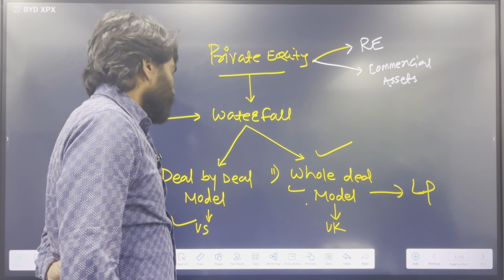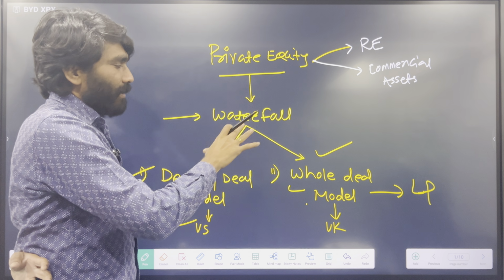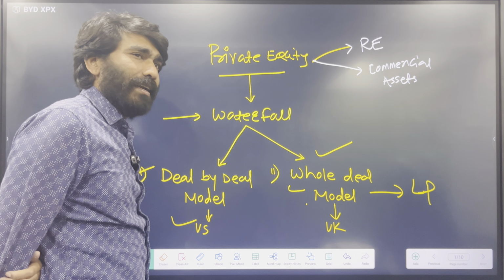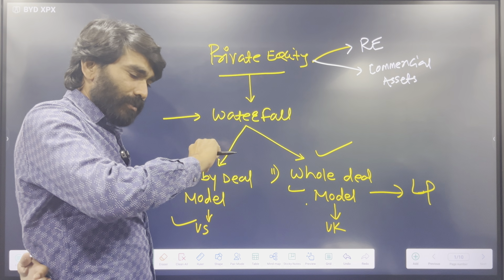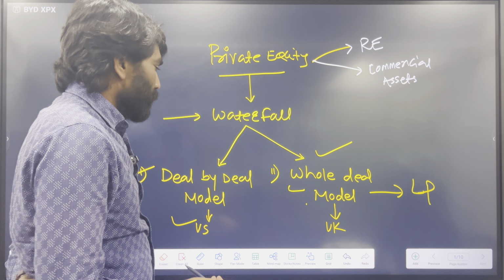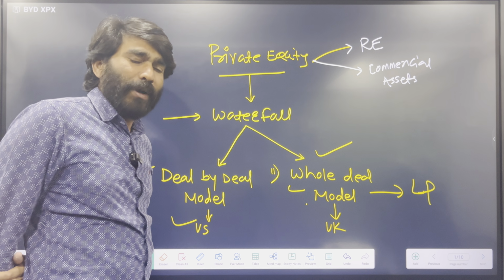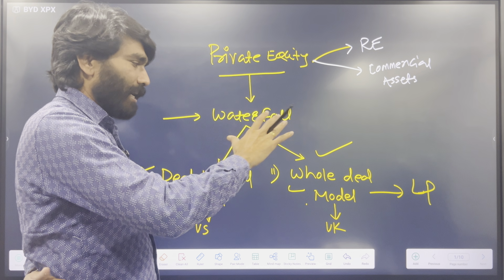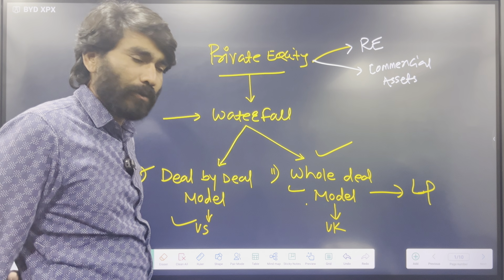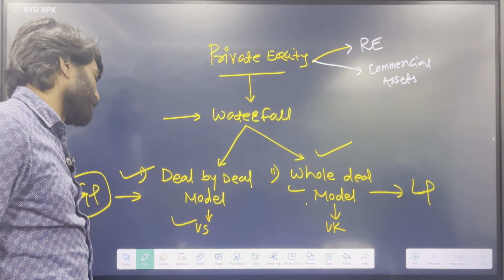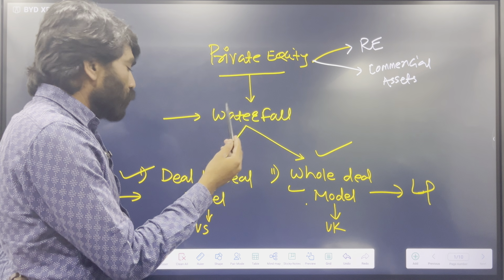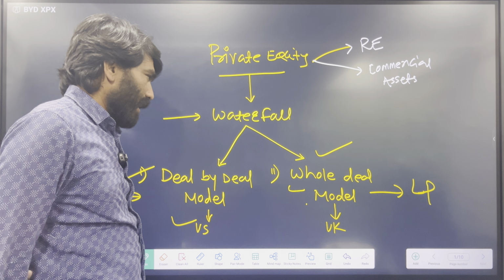Anyway, waterfall calculation basically differs from structure to structure. In this particular session, we are going to discuss the types of private equity waterfall calculations. So basically there are two types of waterfall calculation.